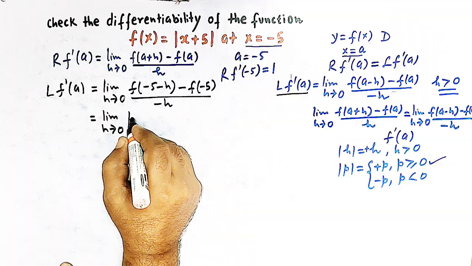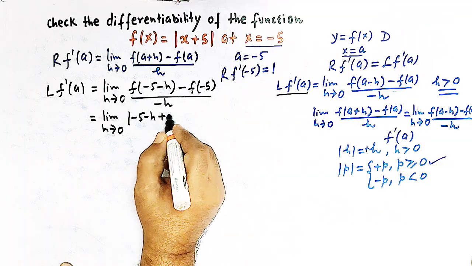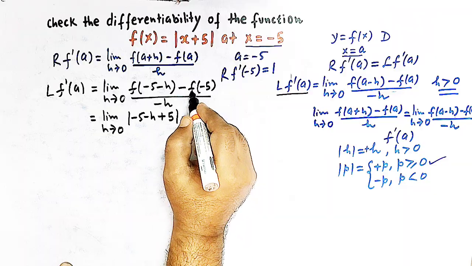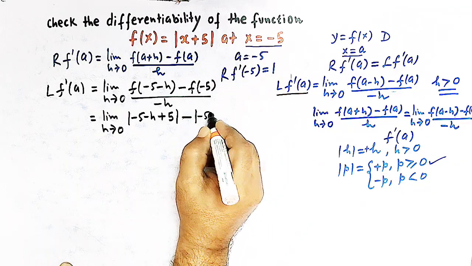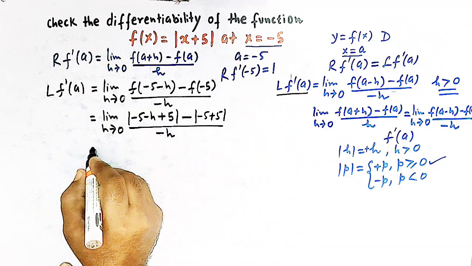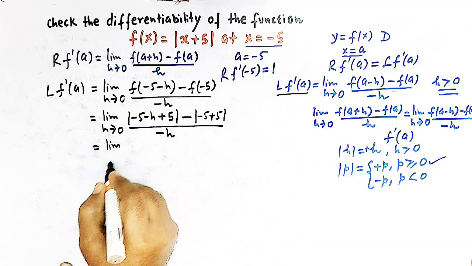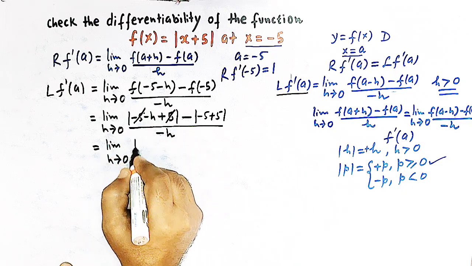So we have mod of minus 5 minus h, and here we have plus 5, and f of minus 5 is given by mod of minus 5 plus 5, and here we have minus h, and limit h tends to 0. Here 5 and minus 5 get cancelled.